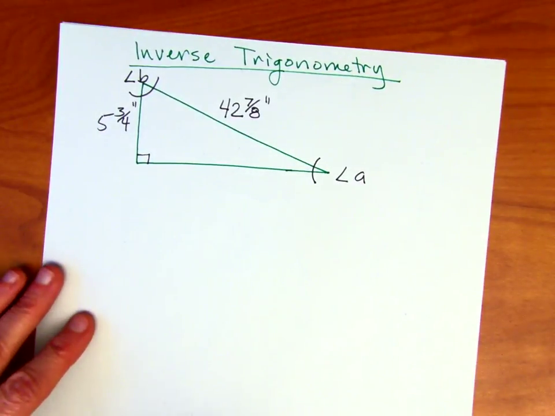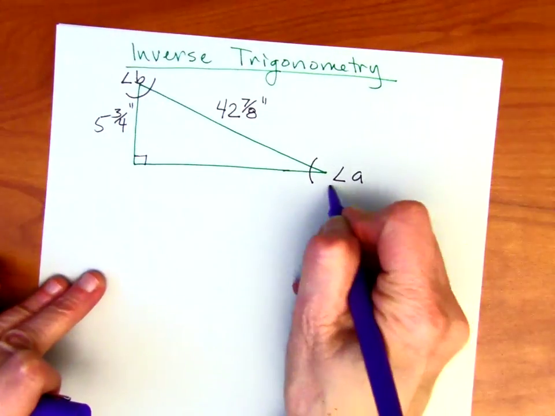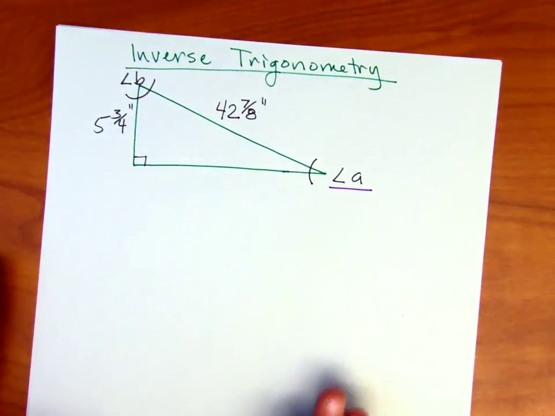Okay, now what we want to do is we want to label our sides in reference to one of the angles, and so we just have to arbitrarily choose one angle, and it really doesn't matter which one. So I'm going to say let's solve for angle A. Okay, and I'll just put a little underline there.